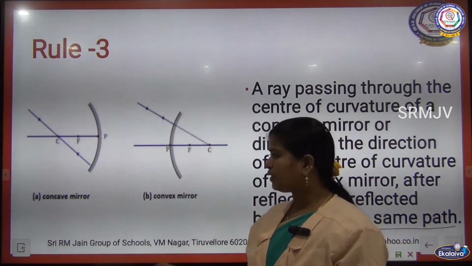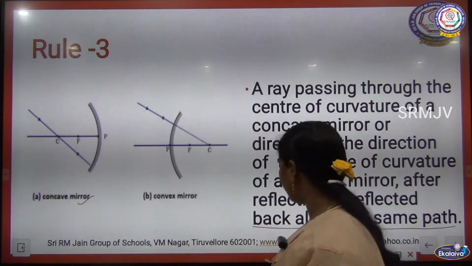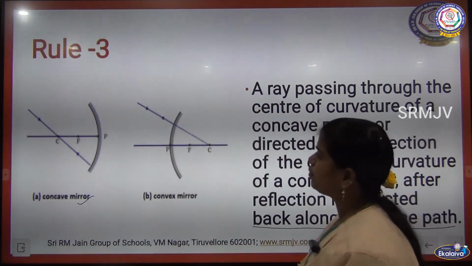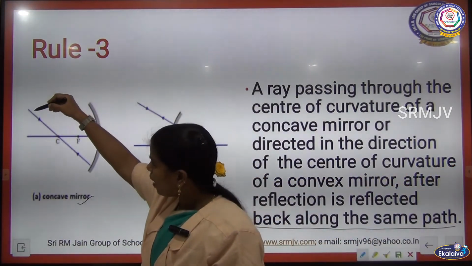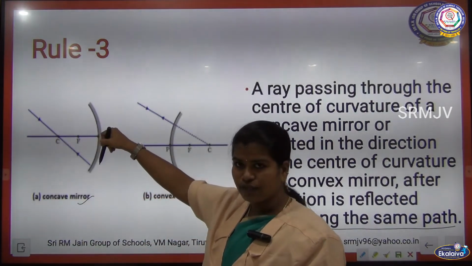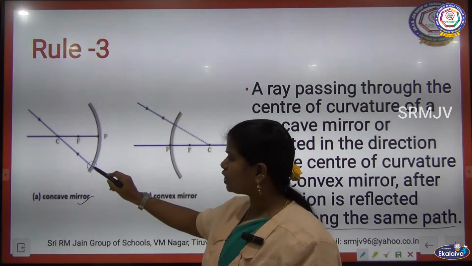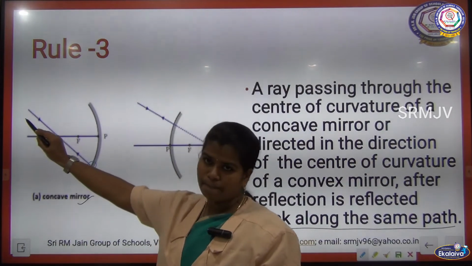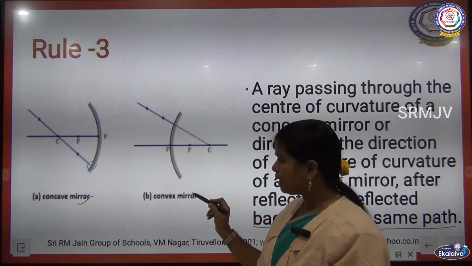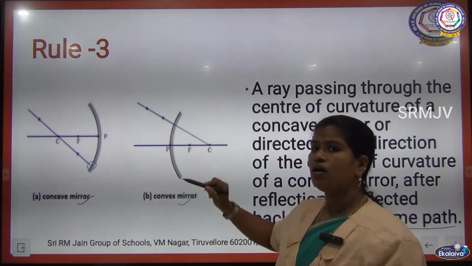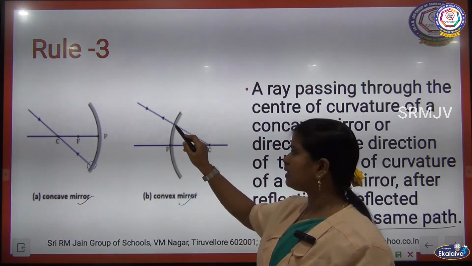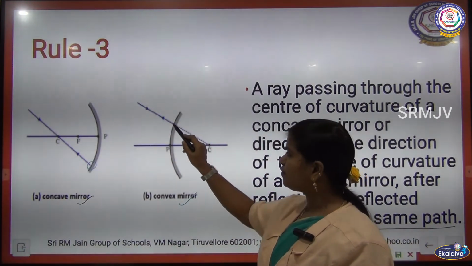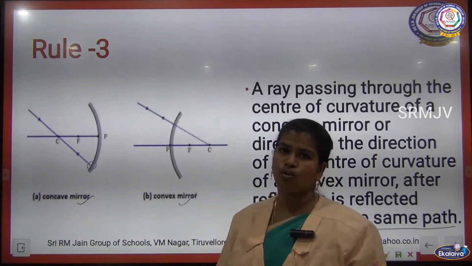So now you can look at the picture. This is concave mirror. So concave mirror, a ray passing through the center of curvature after reflection takes back its own path. Yes. And in case of convex mirror, a ray directed towards the center of curvature after reflection it takes back its own path.